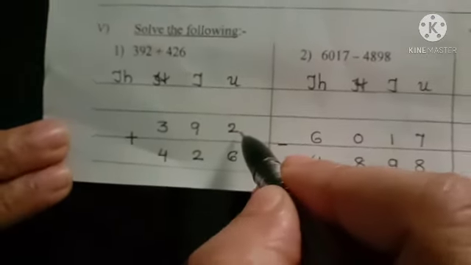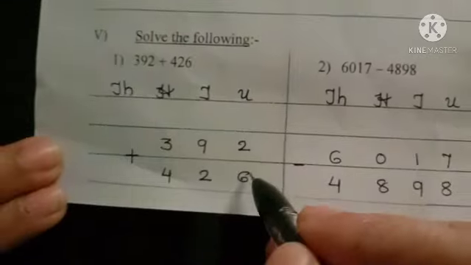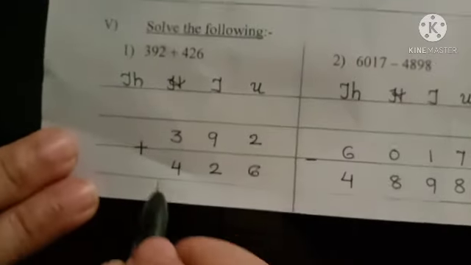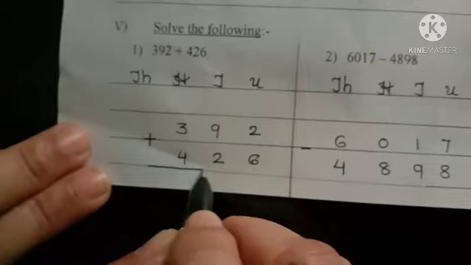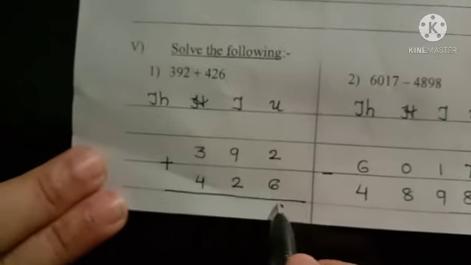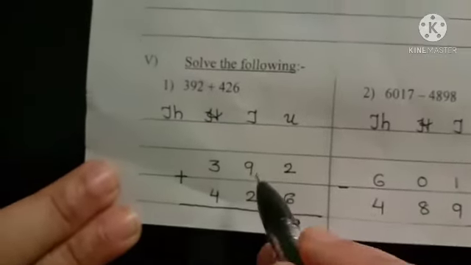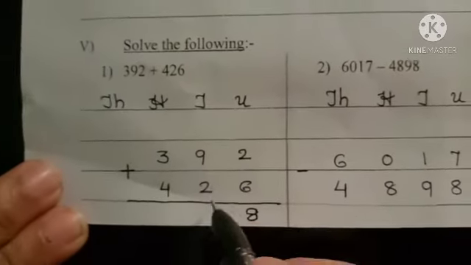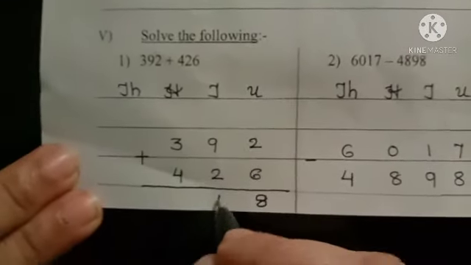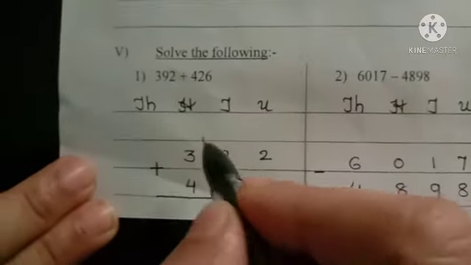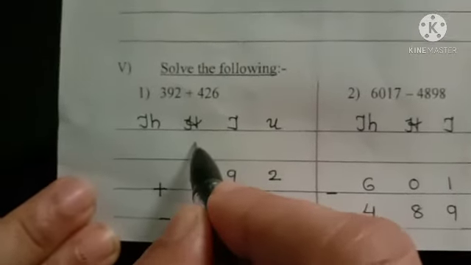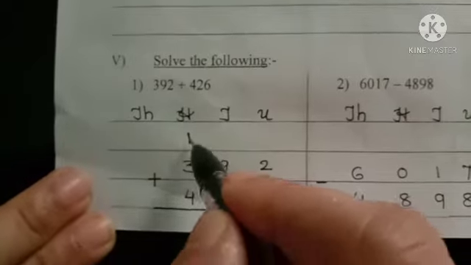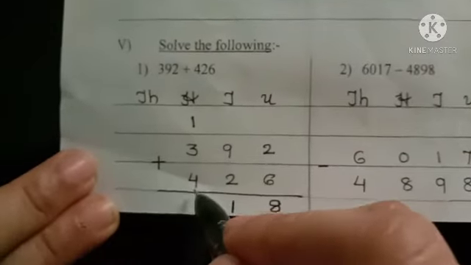So first start your addition from units place. 2 plus 6 is 8. So write down 8 in units place. Then we will add tens place. 9 plus 2 is 11. So 1 we write here and 1 we carry over to hundreds place. Then 1 plus 3 is 4 and 4 plus 4 is 8.